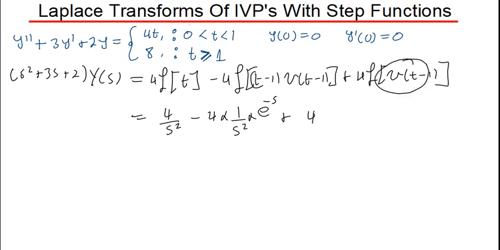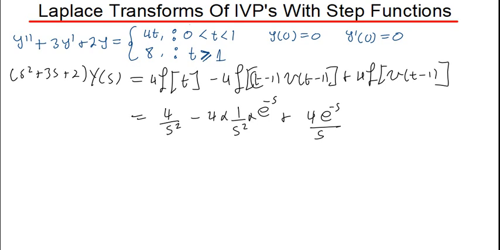So the Laplace transform of this one here is simply e to the minus cs, where c is 1, so you're going to have e to the minus s divided by s there, like that.